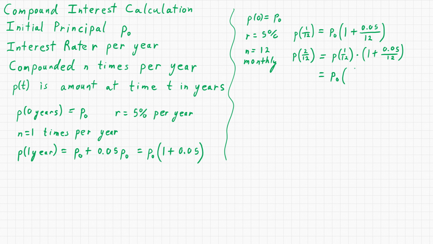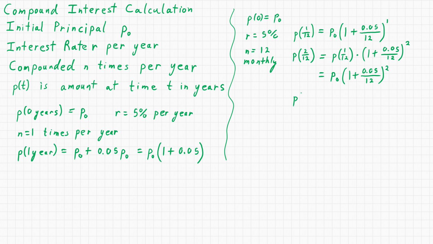So if I do that, I end up with it squared. So 1 plus 0.05 over 12 squared. And so this was for 1/12 of a year, so at the end of 1 month. This is for 2/12 of the year, at the end of 2 months. I'm going to put here, there's a 1, there's a 2.